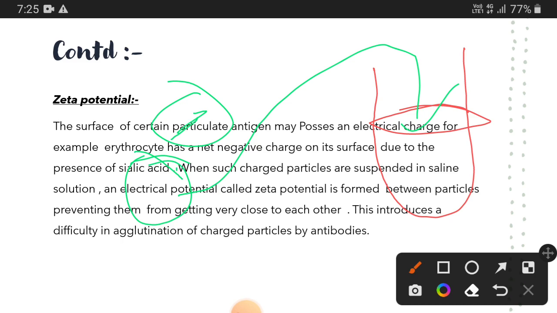That means one negatively charged erythrocyte does not come close to another, and as a result cross-linking cannot occur, so agglutination cannot occur. The antibody cannot agglutinate those kinds of charged antigens. This phenomenon is known as zeta potential.